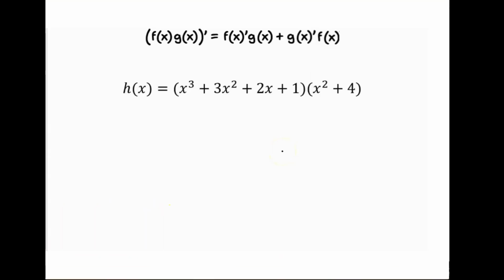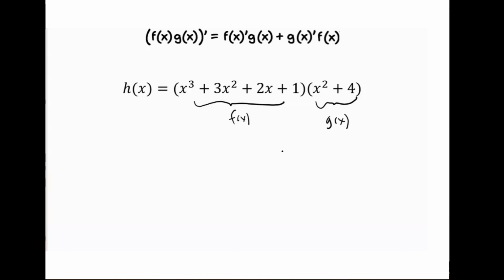All right, so in this next example, would it be more beneficial to use the product rule instead of multiplying it out? And I think in this case here, yes, it would be more beneficial using the product rule. So what I'm going to do is assign this part f of x and this part g of x.